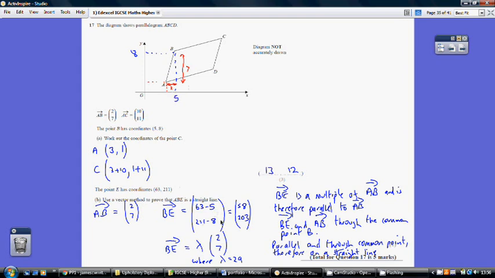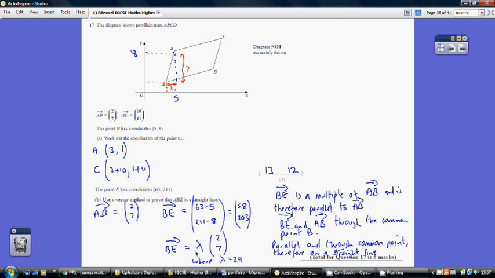So taking away our 5 and 8, we can see that to get from B to E must be (58, 203). So just running over that again, B's at (5, 8). So if we then go and add on (58, 203), that will take us to our point E, which is (63, 211). So the vector from B to E is (58, 203).